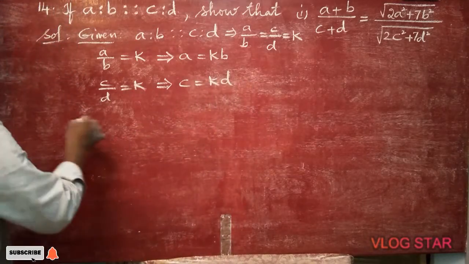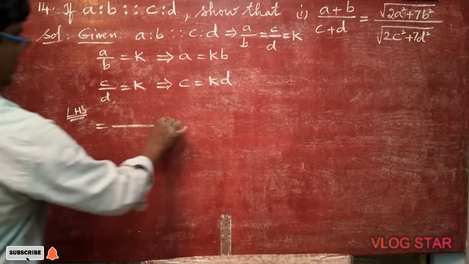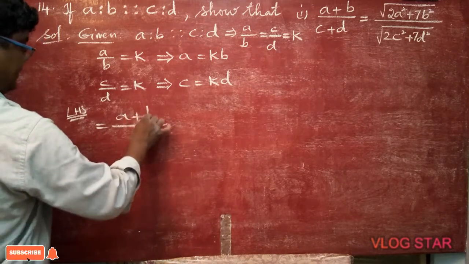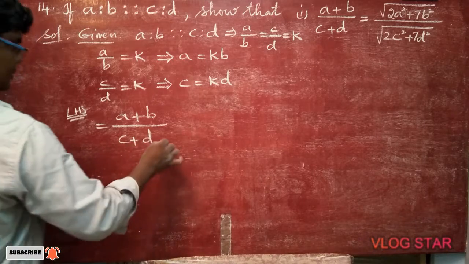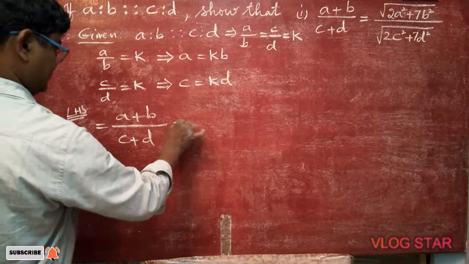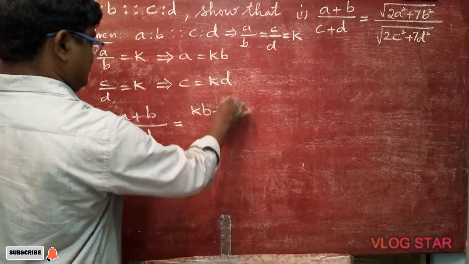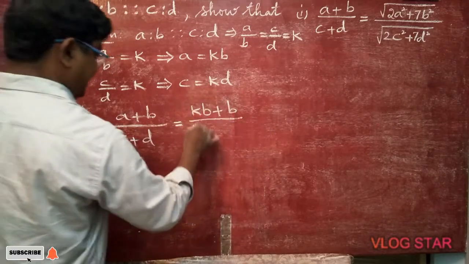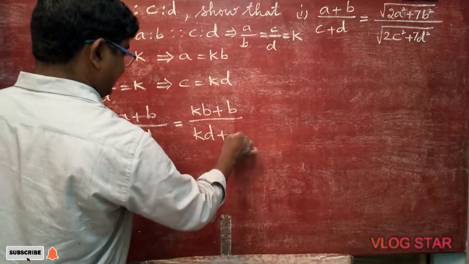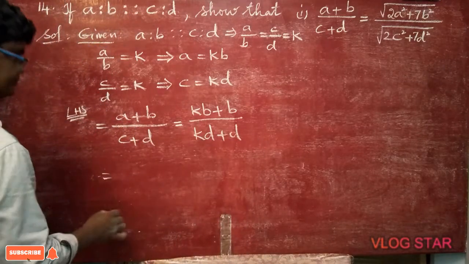Now take LHS. What is LHS? A plus B by C plus D. That is equal to, what is A? KB plus B, because B nothing is there, B only. C is there, KD plus D. From numerator you can take B common.